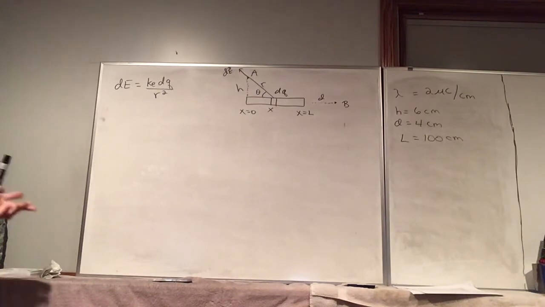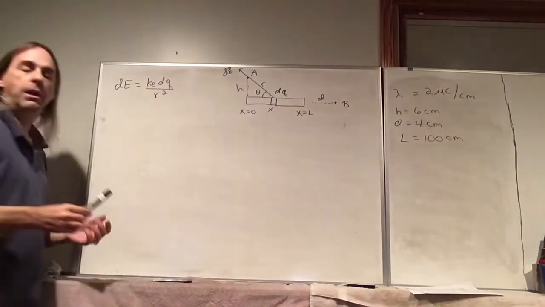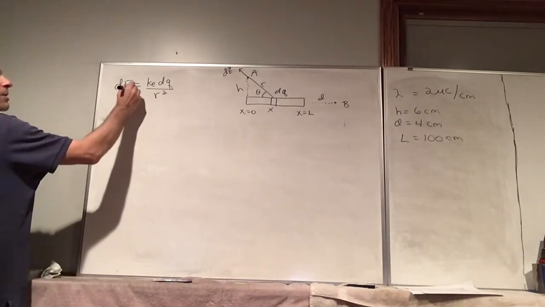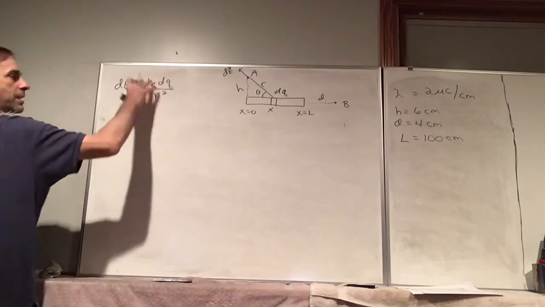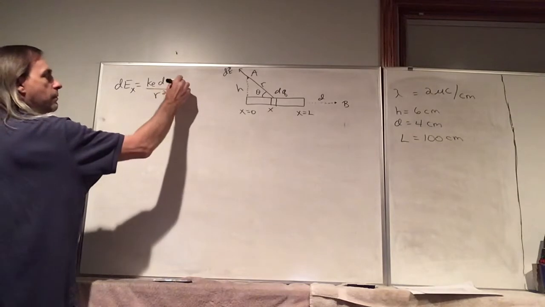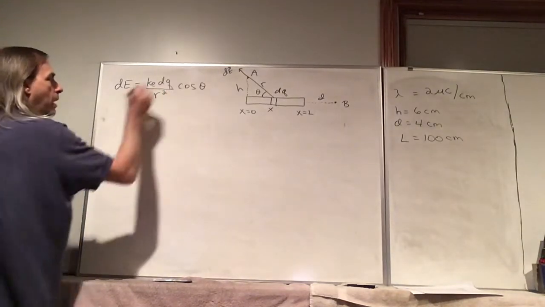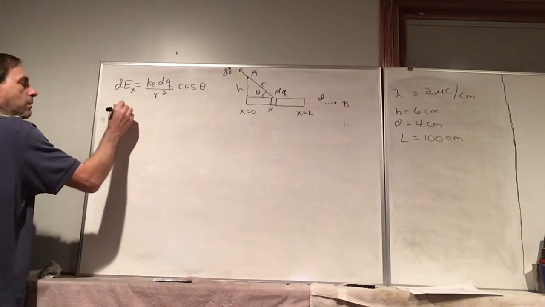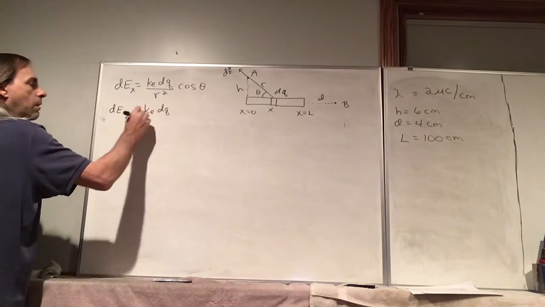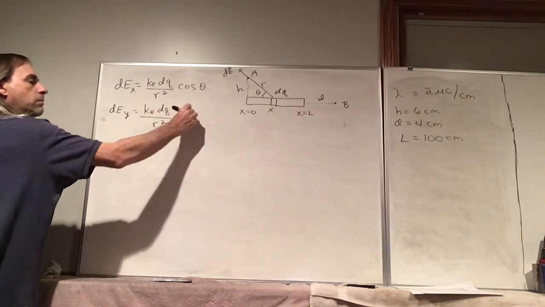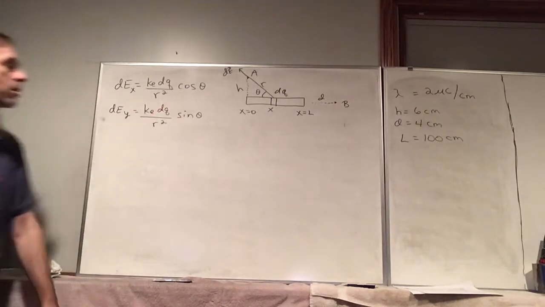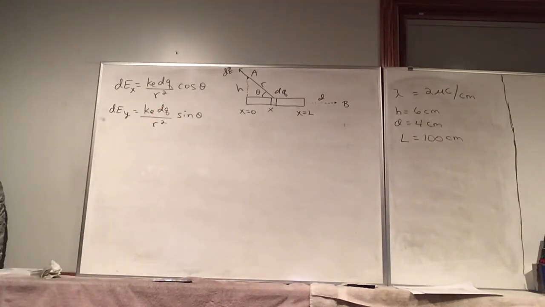And again, this is the magnitude of the electric field. And we want to find its components. So actually, just to save space, what I'm going to do is say dE_x. This is dE times cosine of theta. And dE_y, we have the magnitude, k_e dq over r squared, times sine of theta.